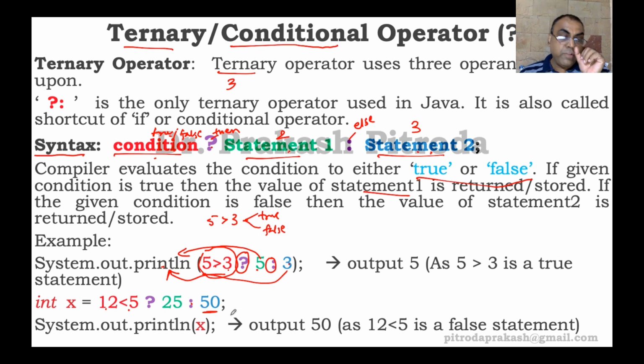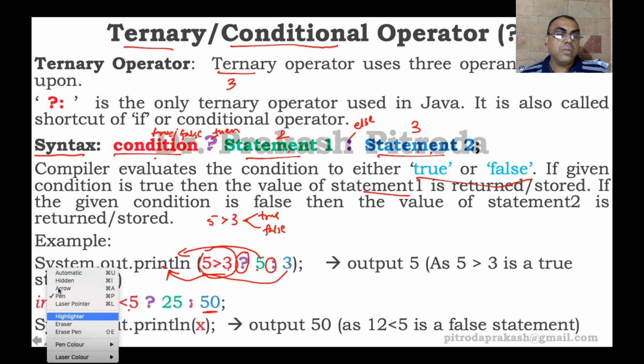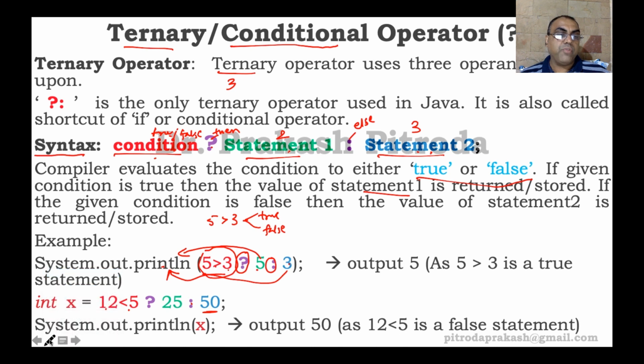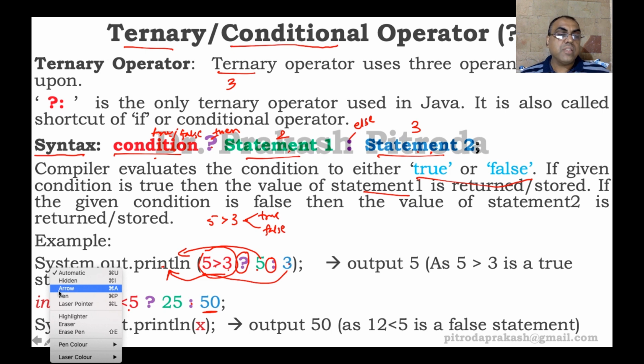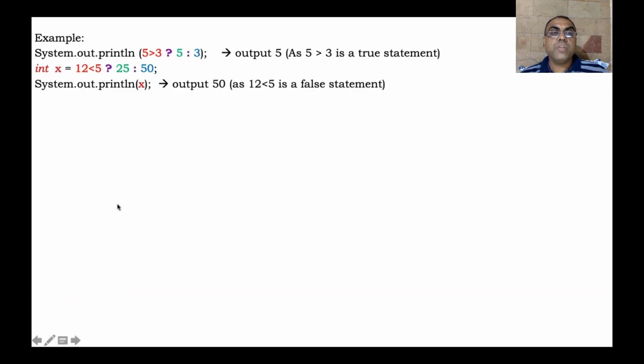Let us understand with a few examples. This is a very important statement from the exam point of view. In the exam you are also asked to write conversions. So I'm going to take you to the next page to make you understand.